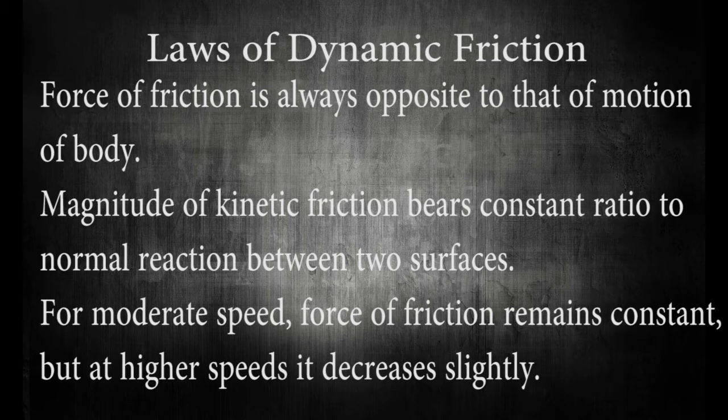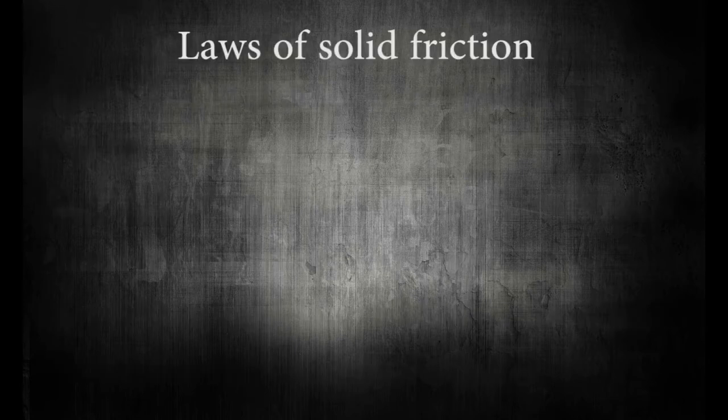Okay, so this was the laws of dynamic friction. Now let's move ahead and go for the laws of solid friction. If you remember, we have studied during the classification of friction that first the type of friction was static and dynamic. Then according to lubrication we classified friction into dry surface and lubricated surface.